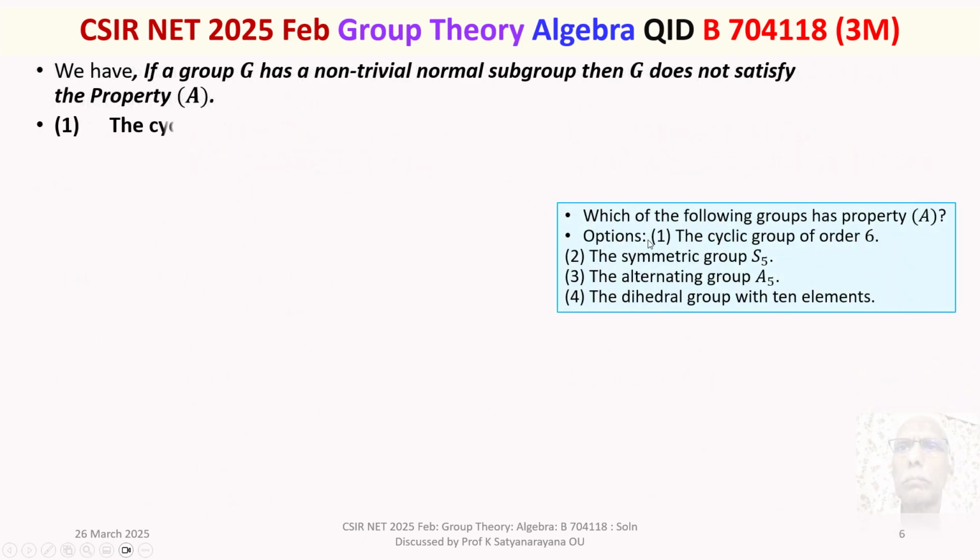So, these are the options for you. Take the first option, the cyclic group of order 6.